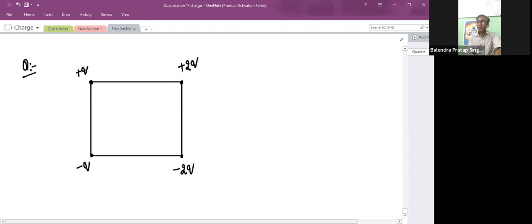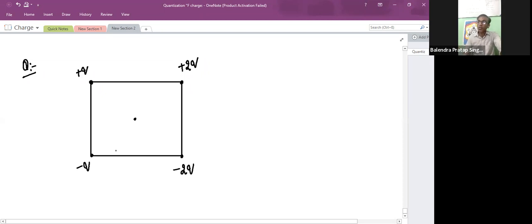So what is the electric field? Suppose I am interested to find the electric field at the center. It is 0 or not, we will find out. If it is 0, then it's very good. If it's not 0, then it has some value, and we will find it. So what is the electric field at the center due to this distribution of charges?